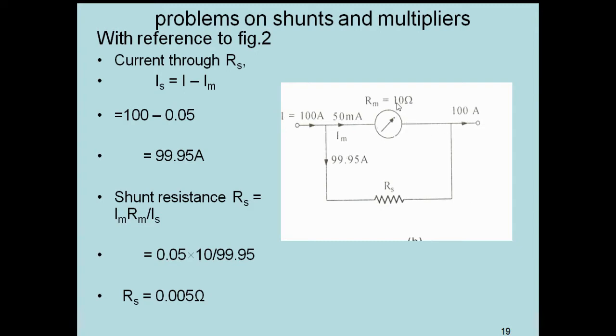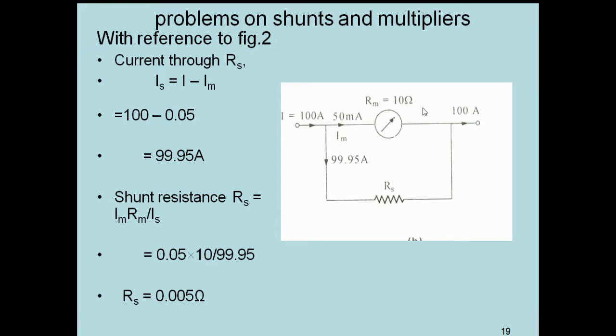Meter voltage Rm into Im equals ISH into RSH, where ISH is 99.95 amperes. From that we get the shunt resistance RSH as Im Rm by ISH, so 0.05 into 10 by 99.95. This is RSH.